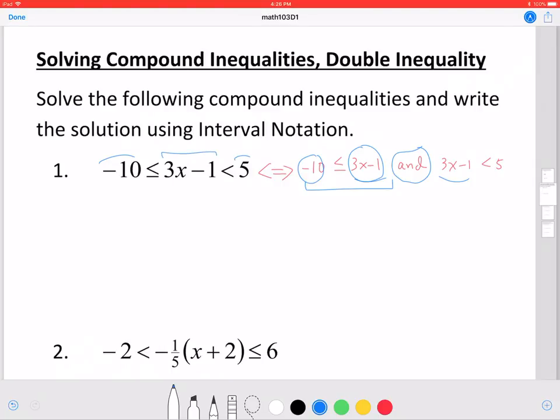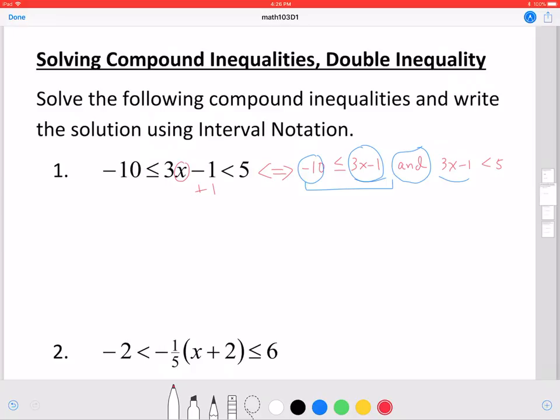Keep that in mind. The basic idea is the same: we are trying to isolate this x. To do that, we have to remove this subtract 1, and we do that by doing the opposite, adding 1.